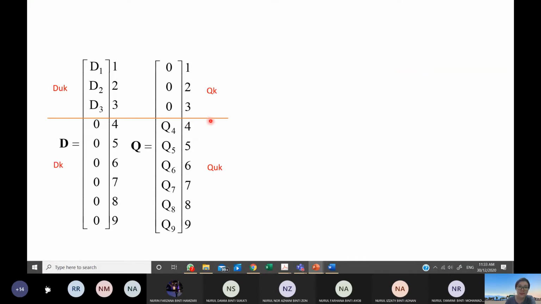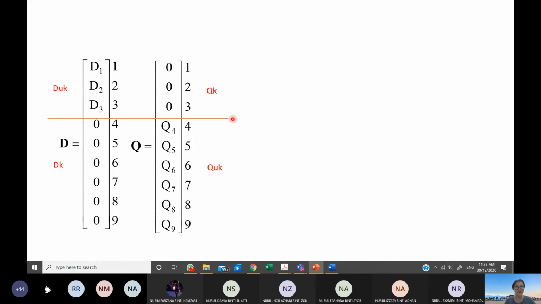For this partition line, you can differentiate the known value of Q and unknown value of Q. Similarly for the displacement. You can also check that the known value of the displacement is always opposite in direction with the Q known, and the unknown of Q is opposite with the unknown of D by this partition. So if everything is clear for your case, then you can continue.